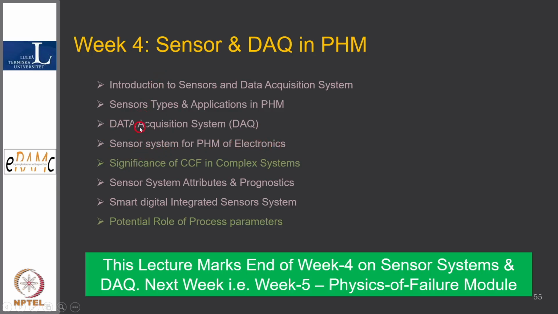Then the significance of common cause failure in this system, then system attributes and prognostics. This was one week actually, and we also discussed small integrated signal. What I want you to take away is the significance of common cause failure and the potential role of process parameters to tap it for PHM.